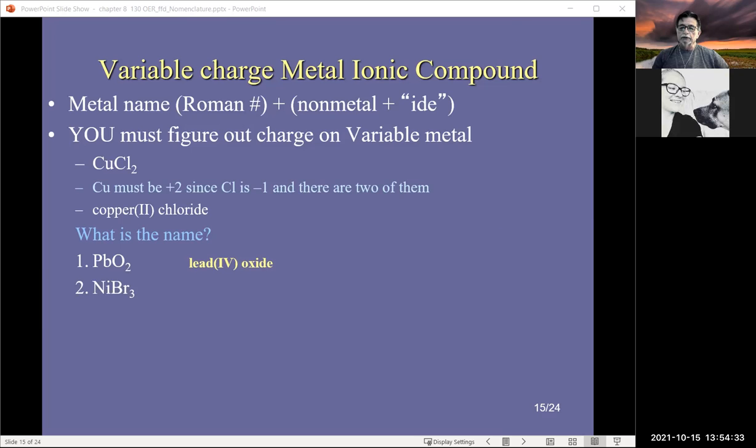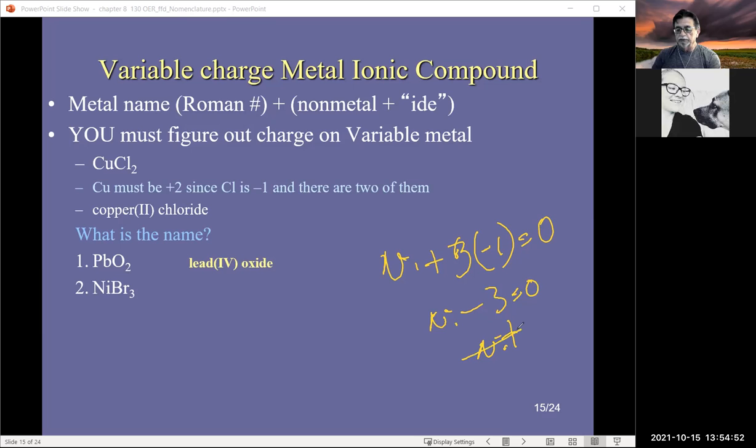Okay, nickel. Break it down. We've got nickel plus 3 bromides, and each one's a -1, and that equals 0. So we have nickel - 3 equals 0.